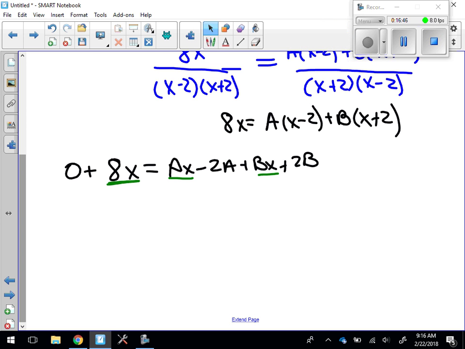And the coefficients of the constants on this side have to be equal to the constants on that side. Which is why I wrote plus 0. Although you would never, when you're doing partial fraction decomp, have sines and cosines, the same thing works for sines and cosines. The coefficients of the sines and cosines on this side of the equation have to be equal to the ones on the other side of the equation.